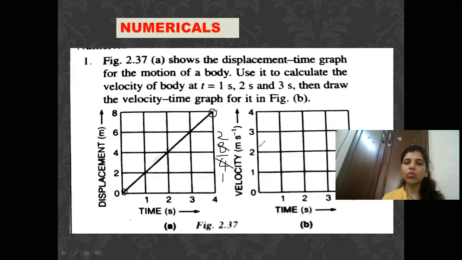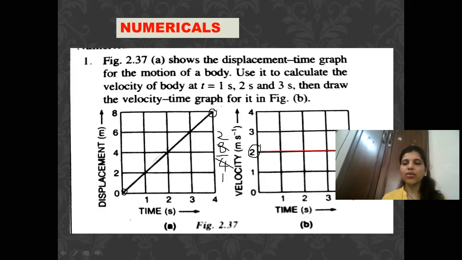Now you can see that 2 is over here because the y-axis is representing velocity and the x-axis is representing time. So when you transfer this graph into a velocity time graph, what you will do is draw a straight line which is parallel to the x-axis.